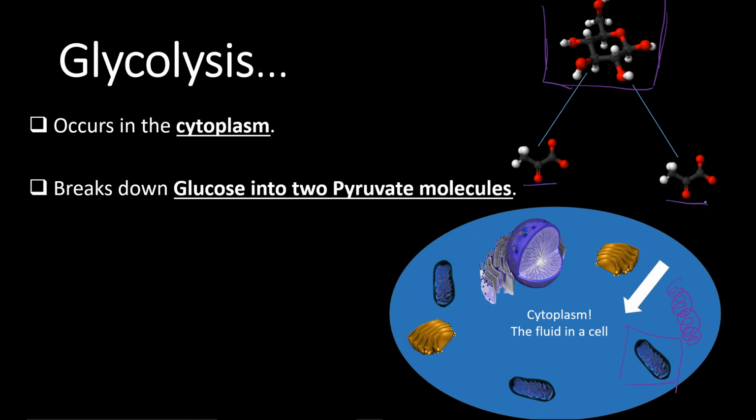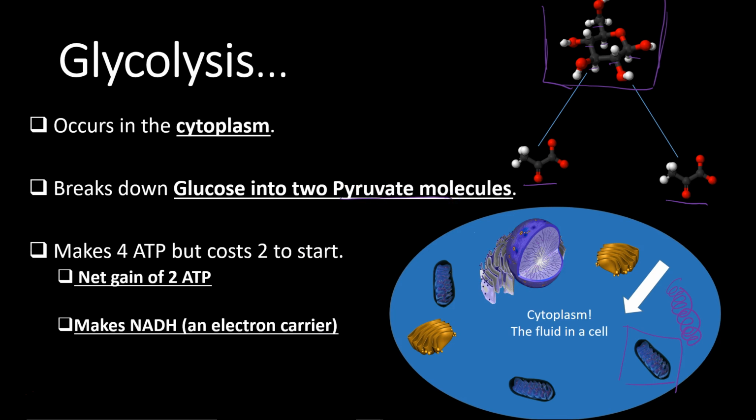If you notice, how many carbons does glucose have? 1, 2, 3, 4, 5, 6. That glucose is going to get split into two 3-carbon molecules called pyruvate. And this whole process is actually going to make a little bit of ATP. It's going to make 4 ATP molecules. But just like if you ever heard the phrase, if you want to make money, you got to spend money.